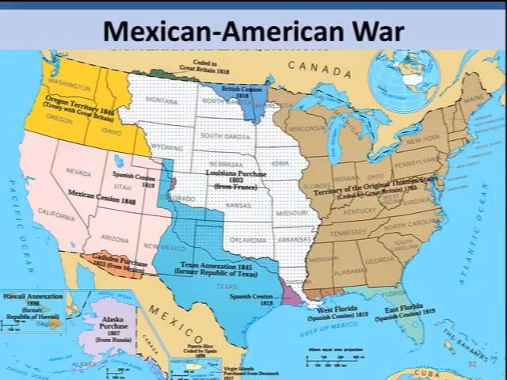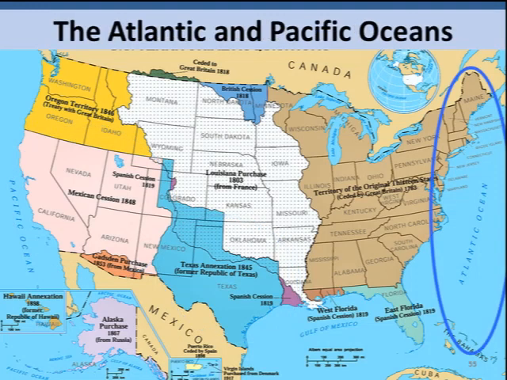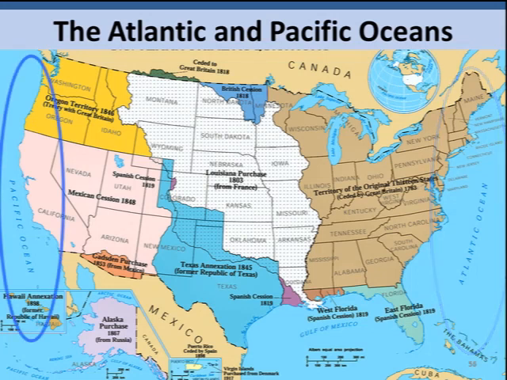The peace treaty that ended the Mexican-American War forced Mexico to cede Texas and sell the rest of its northern territories to the United States. As can be seen on the map, the United States now stretched across the continent from the Atlantic Ocean in the east to the Pacific Ocean in the west.